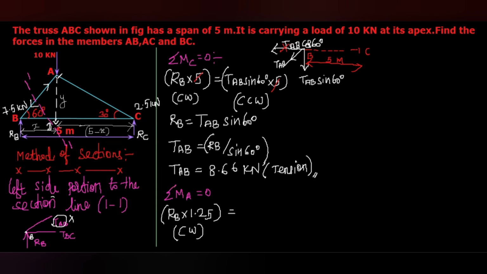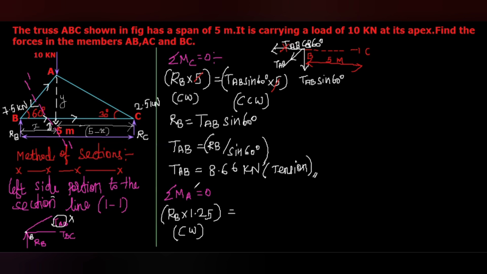From the point A, this BC may act either outwards from BC or inwards to BC. If it is acting outwards, with respect to the point A this distance is Y. So the tension in the member BC, TBC multiplied by Y, will act in counterclockwise direction.